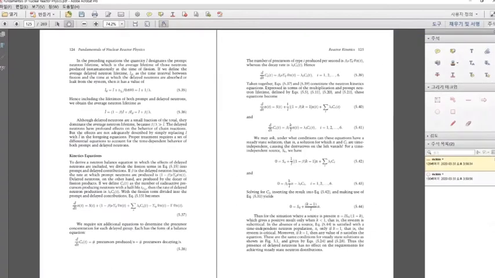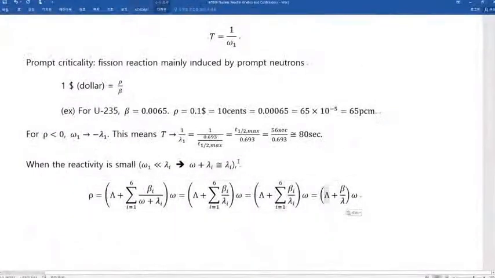That means this can be ignored when compared. So maybe I need to place an approximation here.